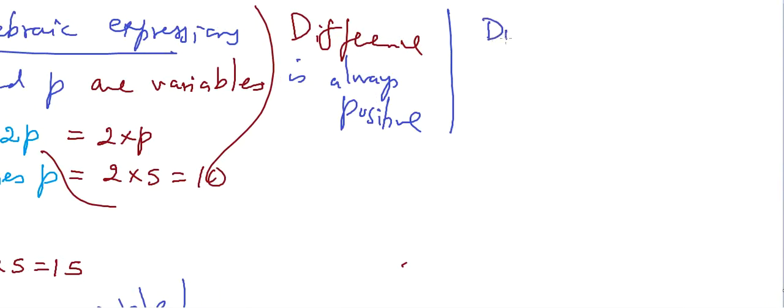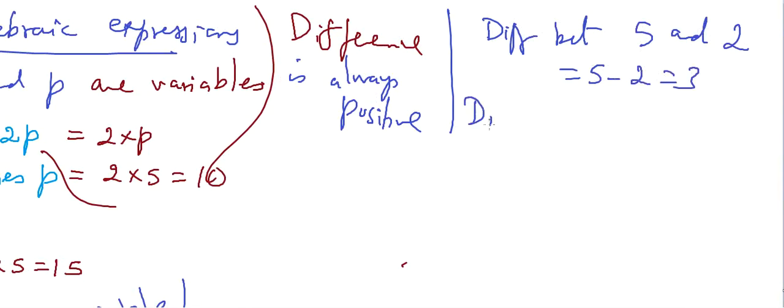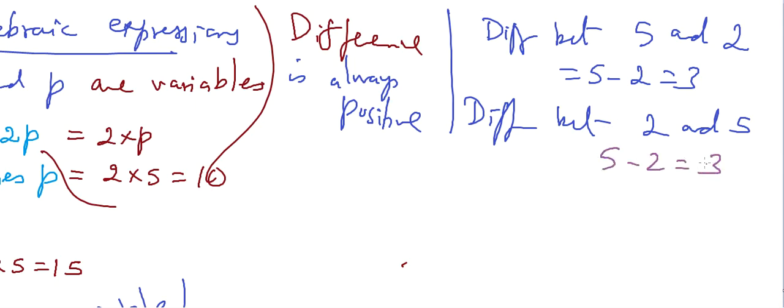For example, what is the difference between 5 and 2? The difference between 5 and 2 is 5 minus 2 equal to 3. What is the difference between 2 and 5? It's not 2 minus 5. If you find the value of 2 minus 5, it will be minus 3, which is wrong. As I said, difference is always positive. So the difference is 5 minus 2, which is 3 again. So whether it's the difference between 5 and 2 or 2 and 5, it is the same.